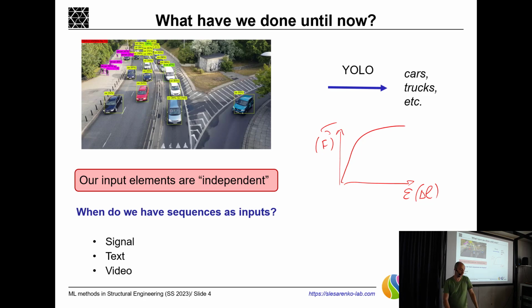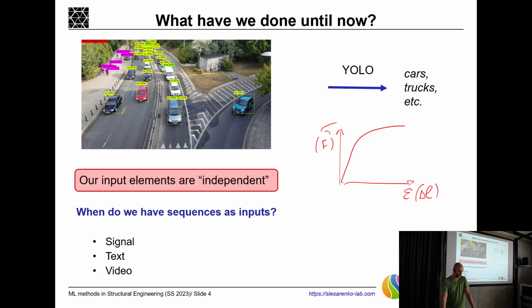Okay, that's really cool. So right now we know at least 3 different types of sequences. And of course, from the structural mechanics or civil engineering perspective, signal is the one of these sequences that would be most interesting for us. And again, the paper at the end of the talk will show that.